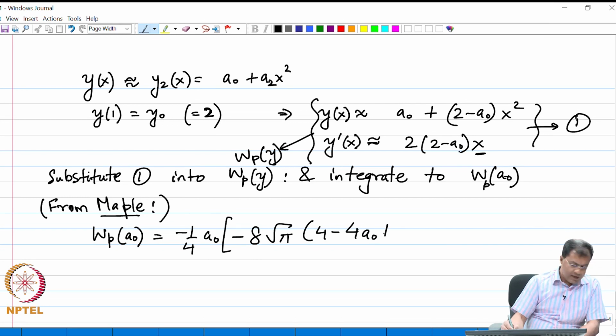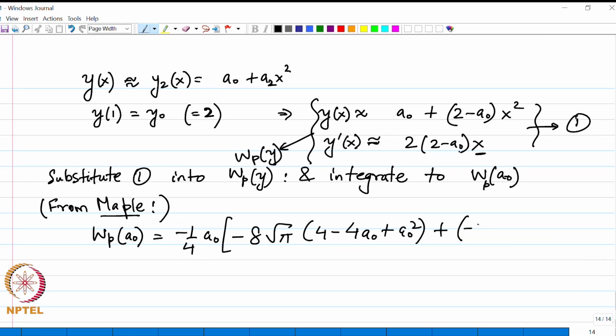So, this is the quantity, and then plus minus 4 natural log of 2 minus 1, minus natural log of 4 minus 4 a naught plus a naught square, and that completes this bracket, and minus square root pi times dot dot dot.